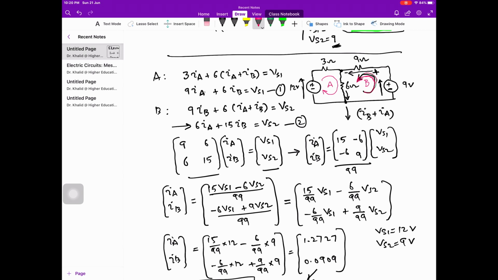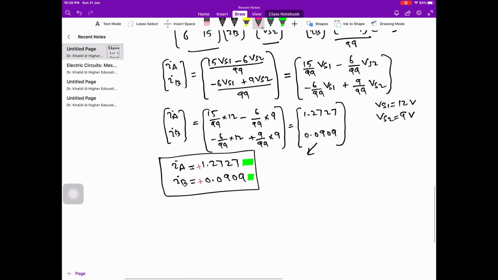So both directions are opposite, therefore the signs are opposite, while IA is the same. So you can choose the direction of mesh currents randomly. But there is an advantage of assuming all mesh currents in the same direction.